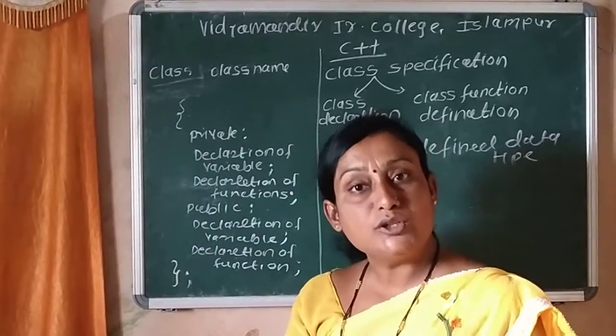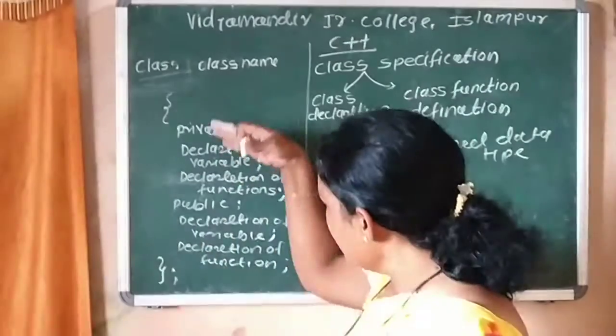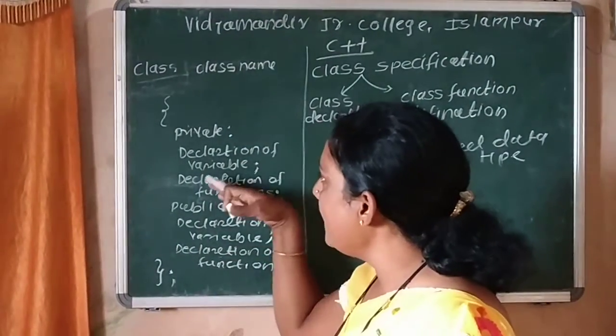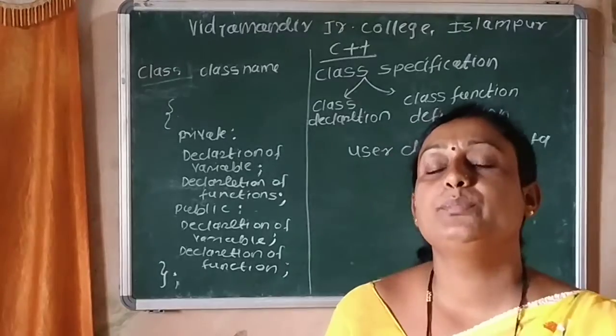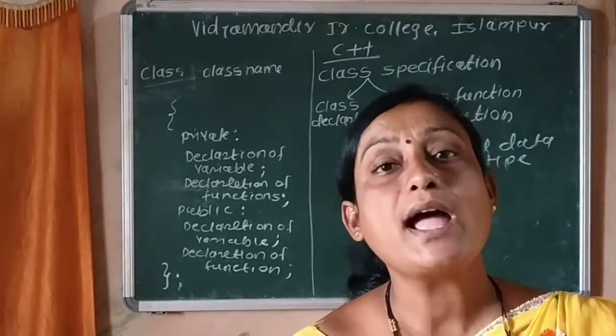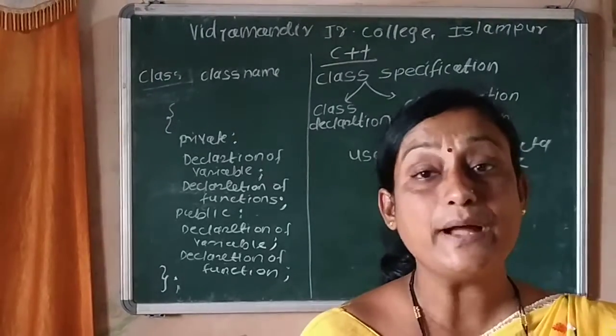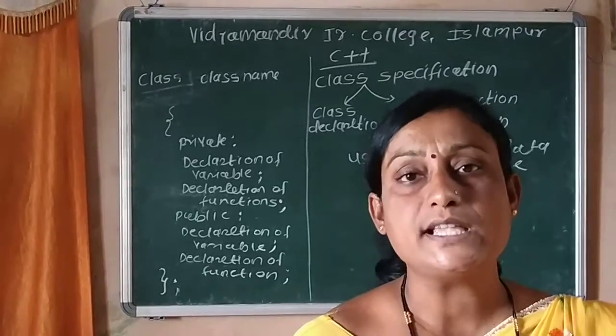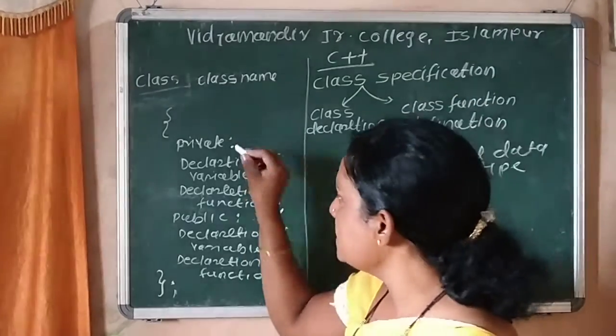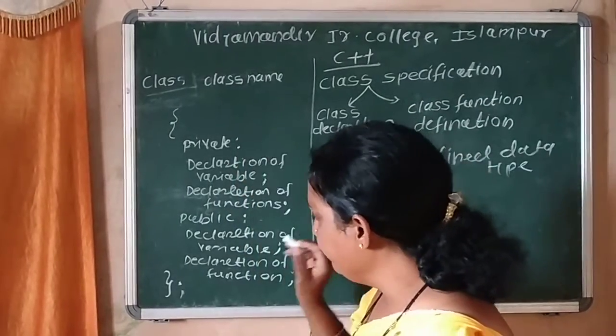If the user does not give the visibility mode of the variable as well as the function, the computer considers it a private section. That is, by default, the visibility mode is private.